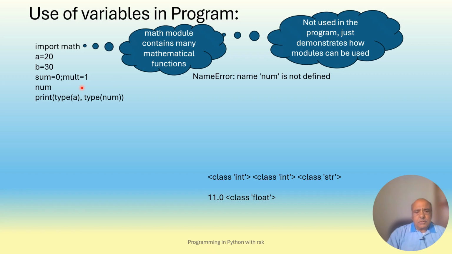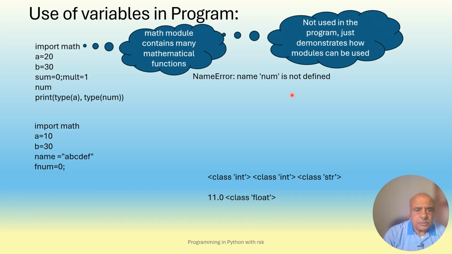Here there is no context for num as it has not been defined. So the compiler will not be able to understand the data type of num, and hence the error. Then I mention another simple program here.